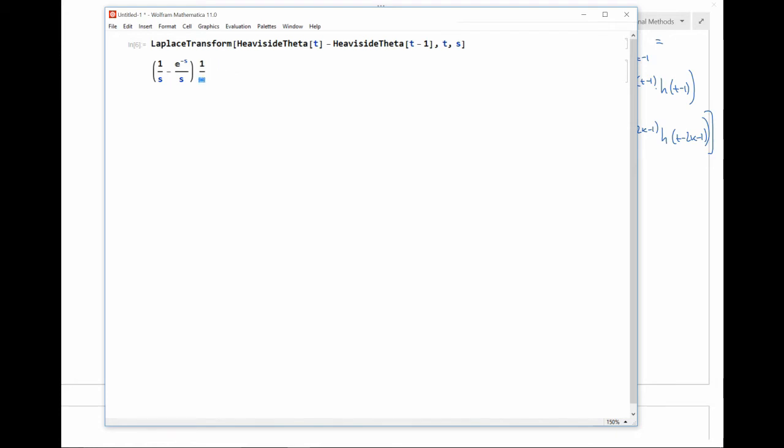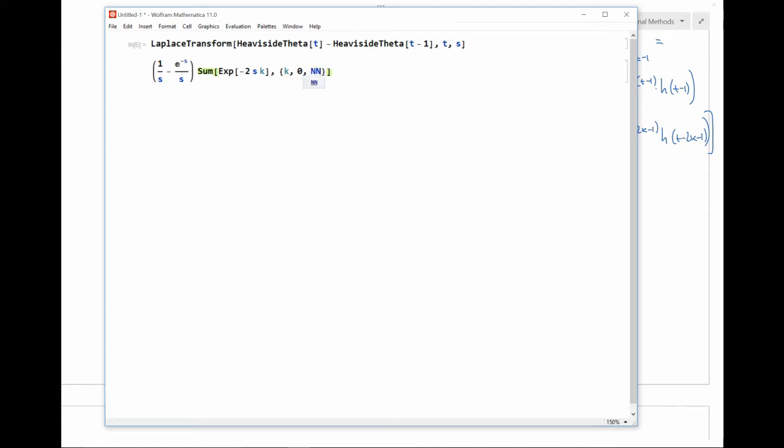So instead I'm going to write it as a sum of e to the minus 2s raised to the power k, and let k go from 0, but not to infinity, because we don't have an infinite amount of resources and infinite amount of time to wait for Mathematica to finish the computation.